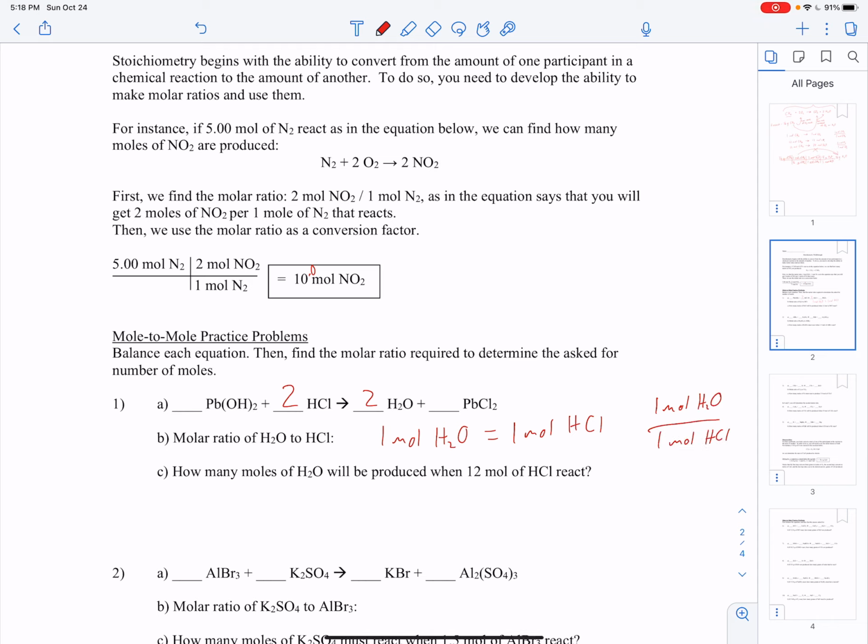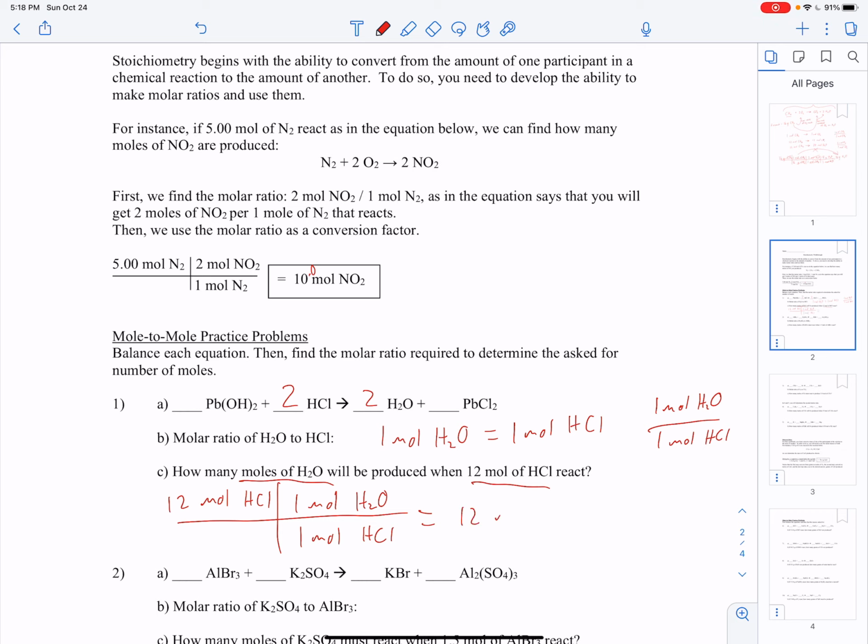Now, I've written it that way in particular because the problem says if you start with 12 moles of HCl, how many moles of H2O will be made? So we start with 12 moles of HCl, and then we use the molar ratio that we just found, so that's 1 mole of H2O per mole of HCl.